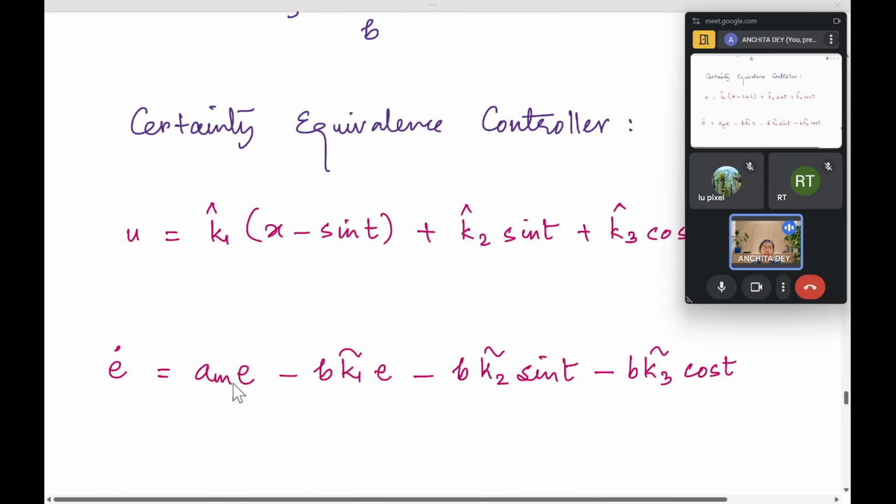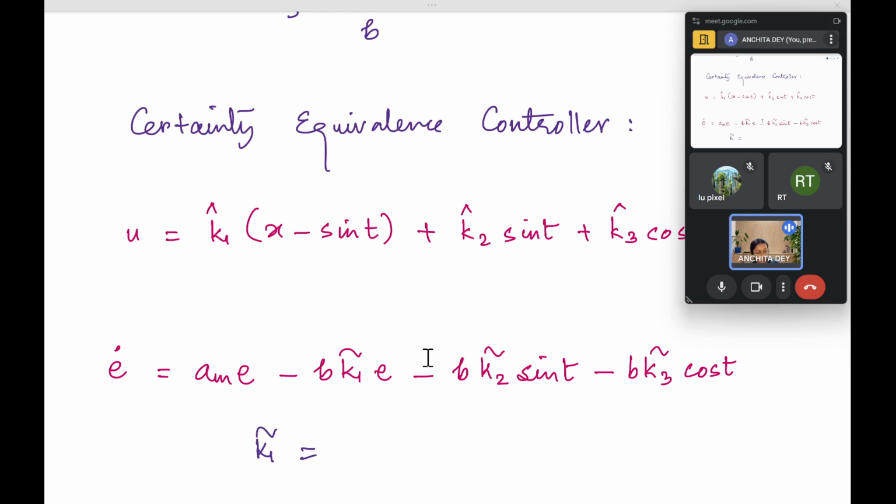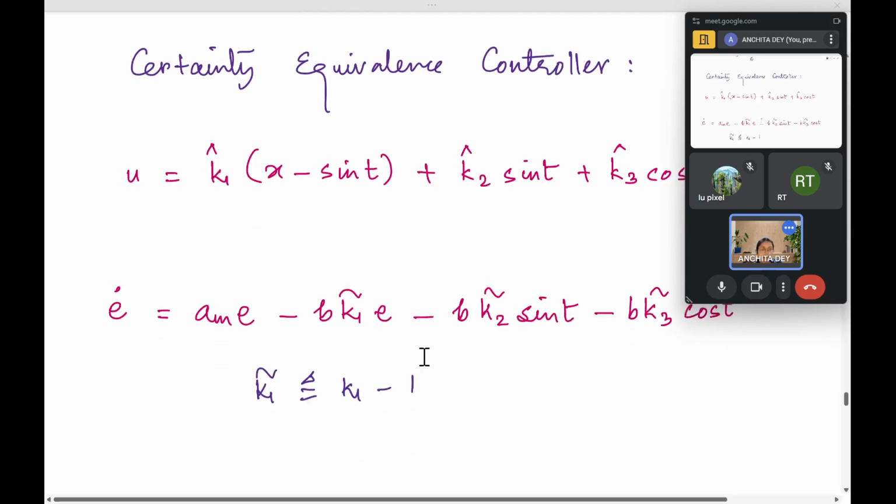You have A_m E minus B K1 tilde E minus B K2 tilde sin t minus B K3 tilde cos t. And here, let me just write it down for the sake of completeness. K1 tilde is simply K1 minus K1 hat.